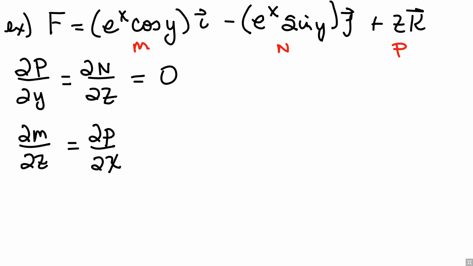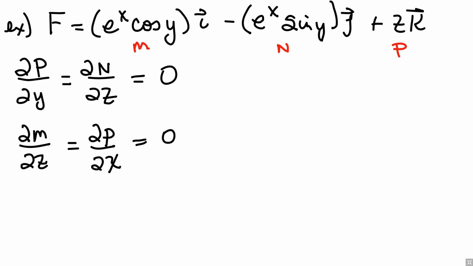So what is the partial of M with respect to z? It's 0. Good. Now, what's the partial of P with respect to x? It's 0 also. So we've shown that they are equal.